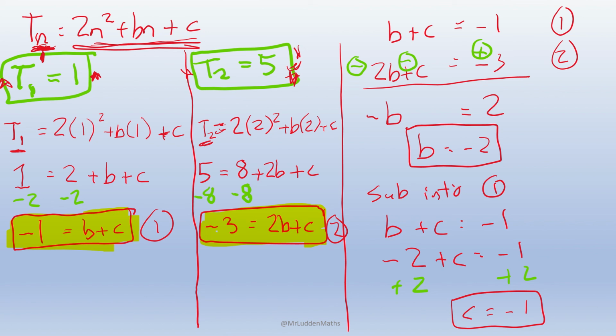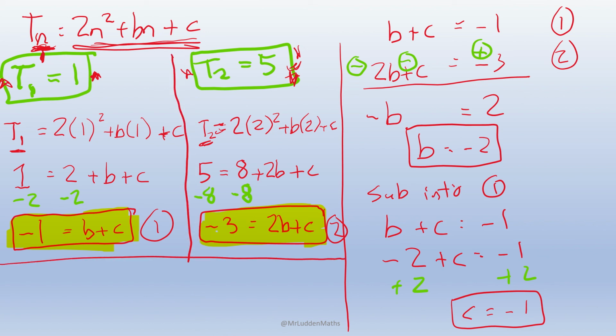Alright, so just where I have room under here, we found out what b is, we found out what c is. So finally, to answer our question, Tn was an squared plus bn plus c. So that means Tn is equal to a.